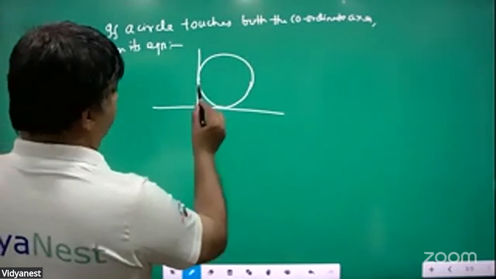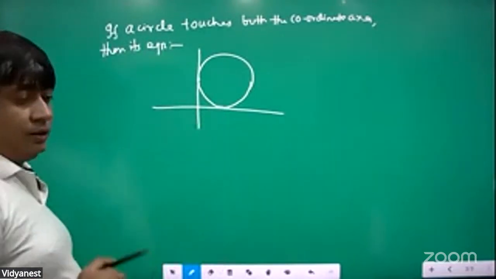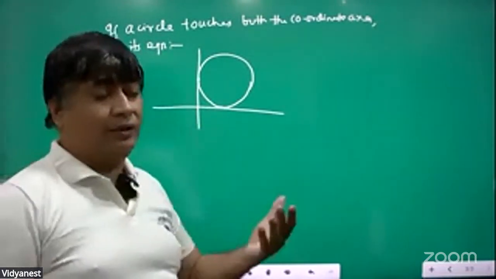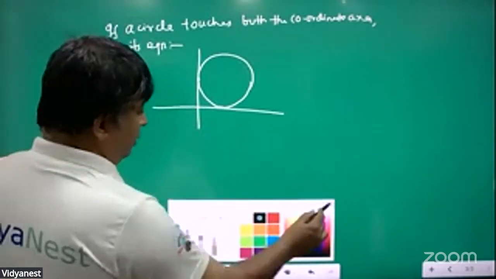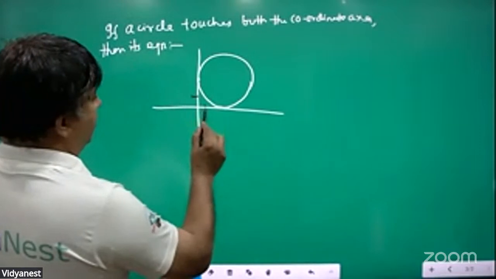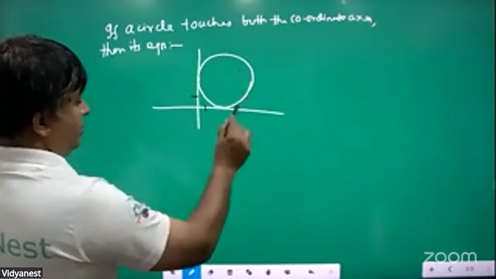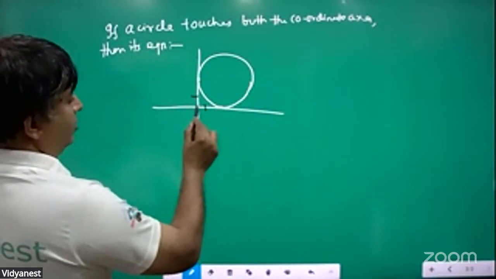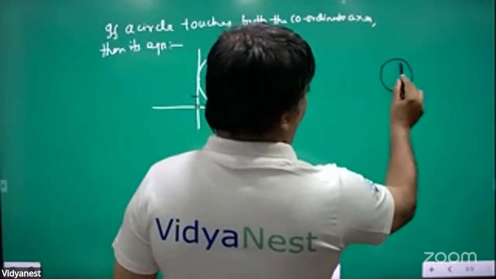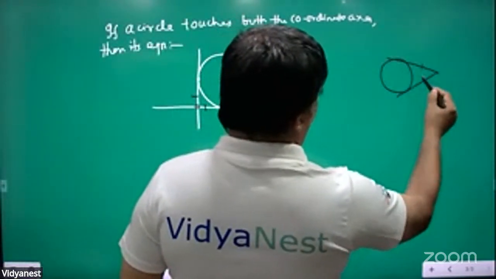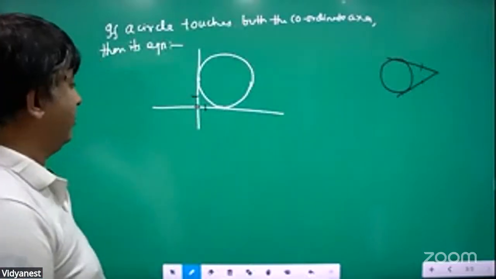See, you are taught in junior class, class 10, that from an external point, if we are able to draw two tangents to a circle, then the lengths will be equal. I hope you can remember that theorem in class 10. This and this length are equal.